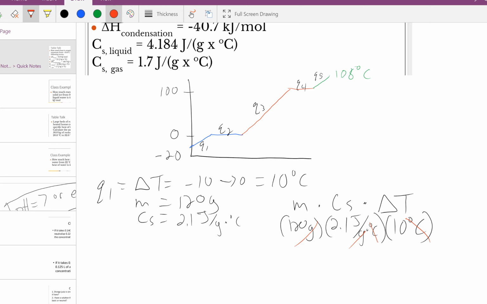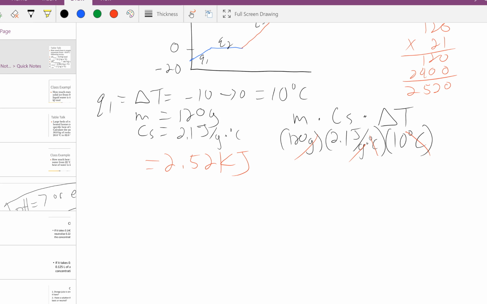It's going to be 2.1 times 10, which is equal to 21. And 120 times 21 is equal to a total of 2,520 joules, or 2.52 kilojoules of energy.